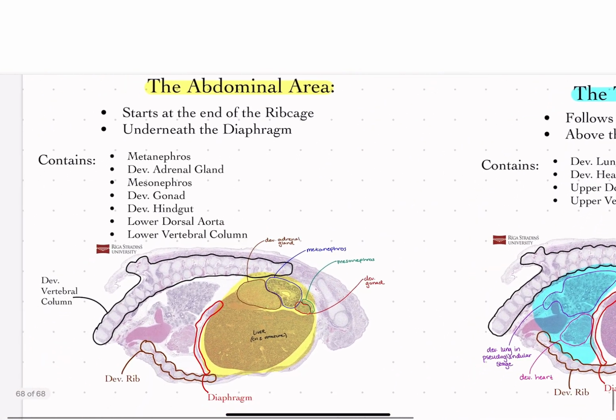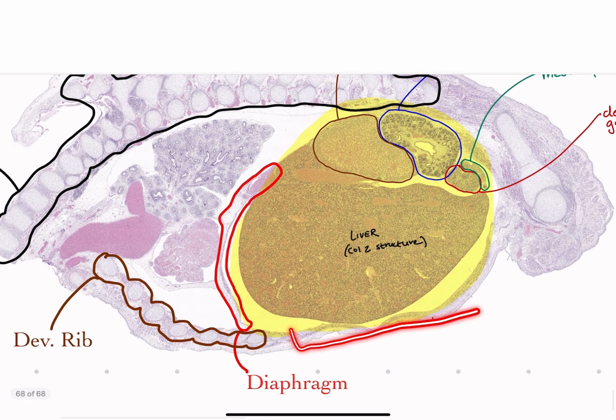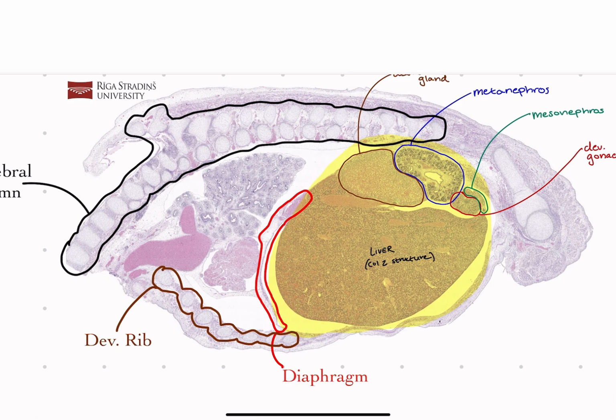For the abdominal area, we are not going to be able to see the developing ribs. So we're going to go past the ribs. We might see the outer belly area with the developing skin. I think that might be more of a colloquium 2 structure. But here the ribs are cut off and we're starting with underneath the diaphragm.